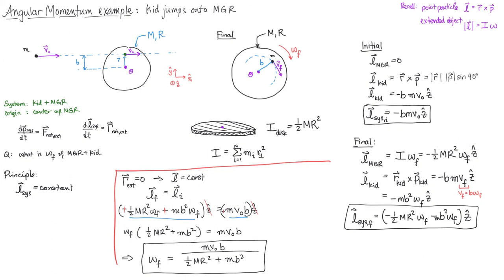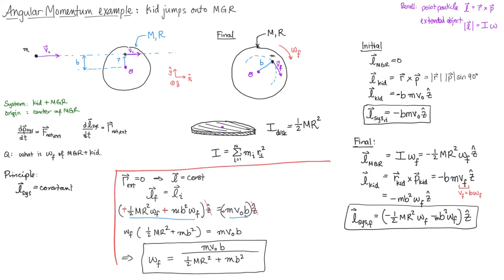We can digest this result a little bit. If the kid is running straight parallel to the line connecting the velocity vector with the origin and jumps and lands anywhere on the diameter going through the origin in the horizontal direction, that corresponds to b of 0. And if b of 0, we find that omega f would be 0.